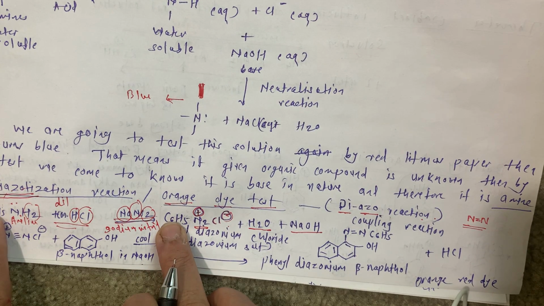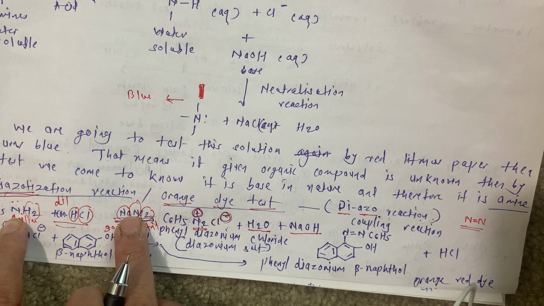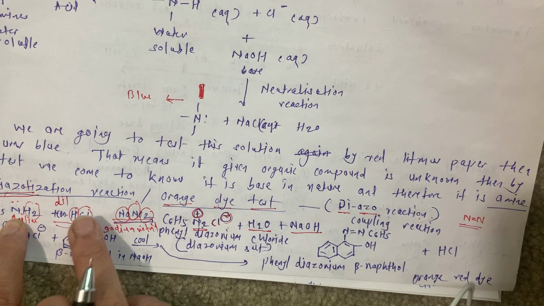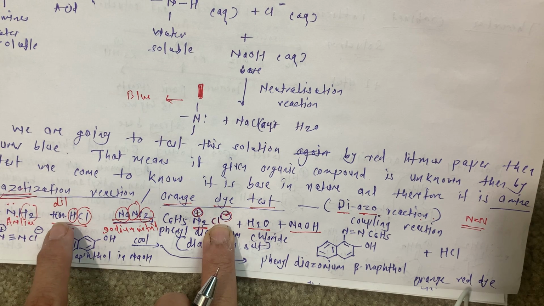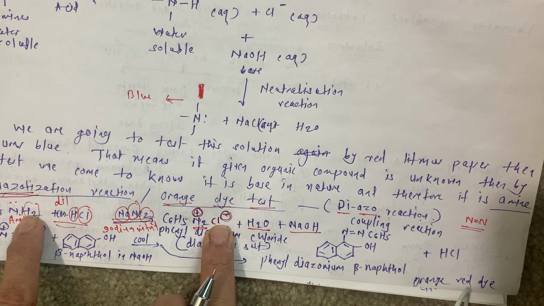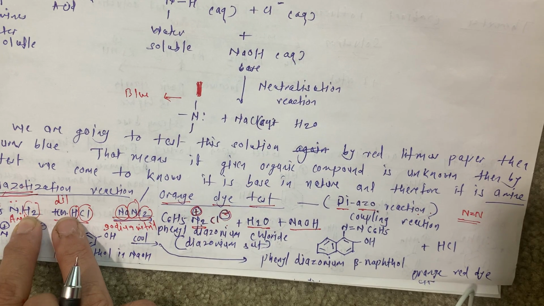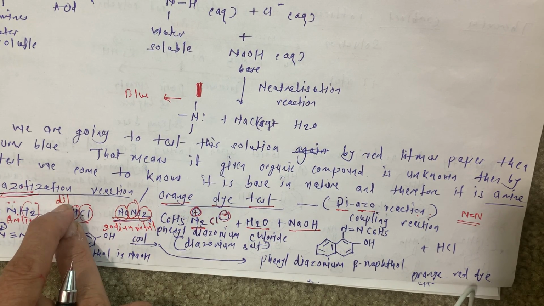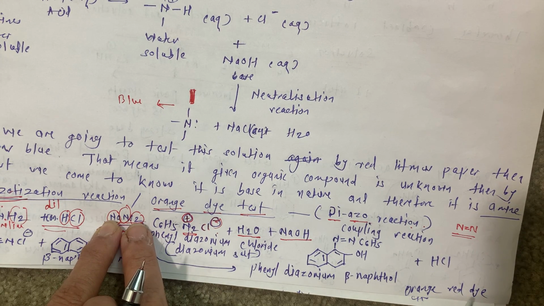C6H5, C6H5. One N from here and one N from NaNO2 form N2. Then Cl from the HCl is over here. Now what is remaining? Two hydrogens from aniline, one hydrogen from hydrochloric acid, and one sodium and two oxygens from NaNO2.